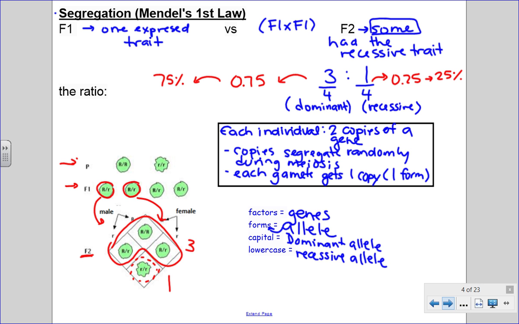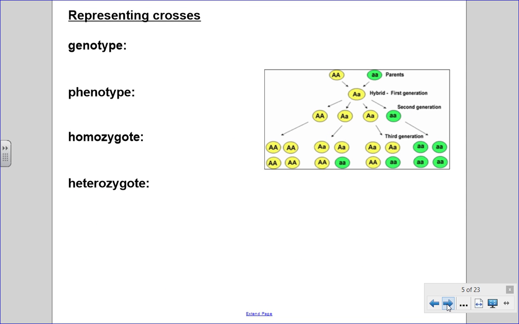So I have a little bit more vocabulary that we have to go over, and then I will show you how to do a cross yourself. There are 4 words here that you need to be able to use when you represent a cross. The first word is genotype. So probably you know what the word type means, like what kind, what category.